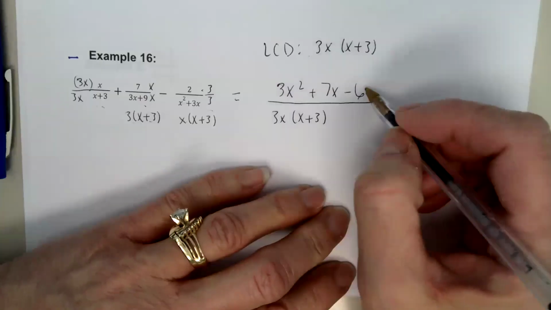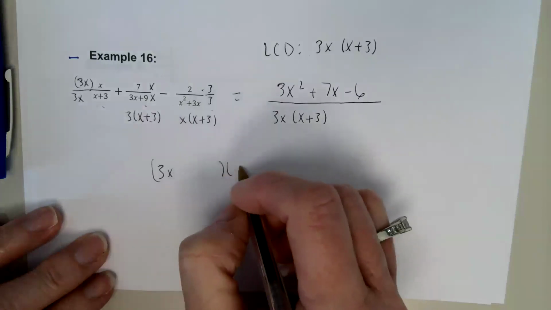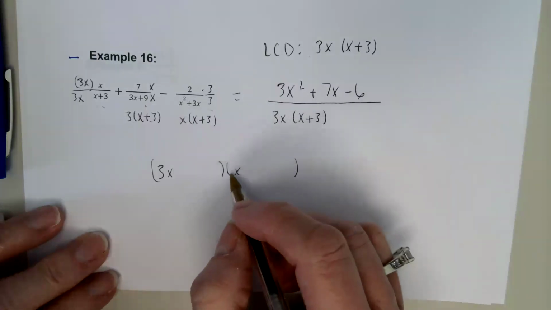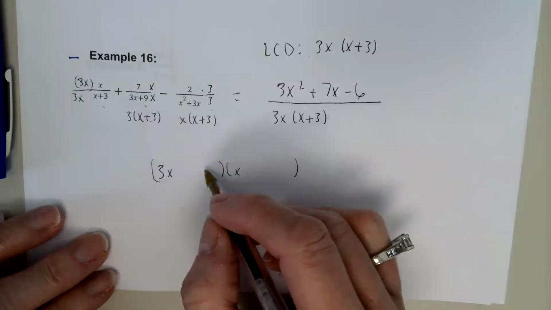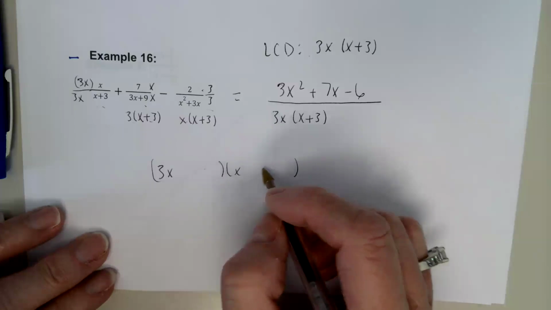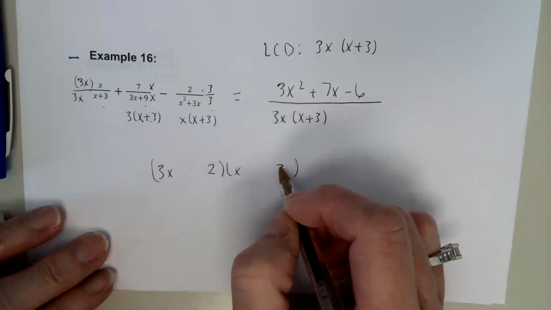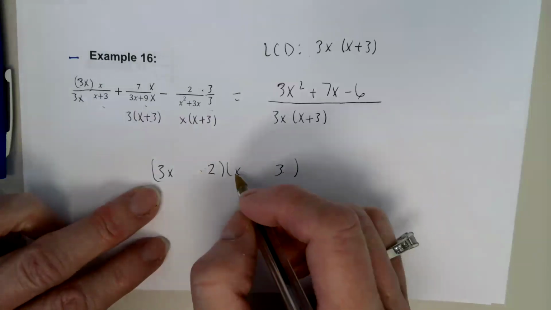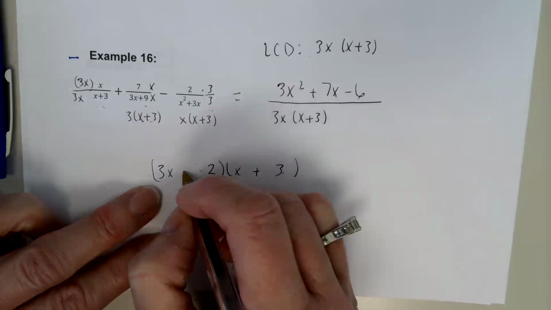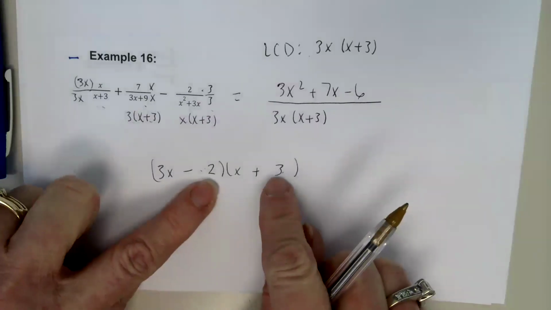Can we factor this? Let's see. I'm just going to write that down here. Can we factor in a 3x and x? 2 and 3, 6 and 3, no. 3 and 3. So 9 minus 2, yeah, so that would be right. So this would be plus and this would be minus. 9 minus 2 is the positive 7, and that's a minus 6.